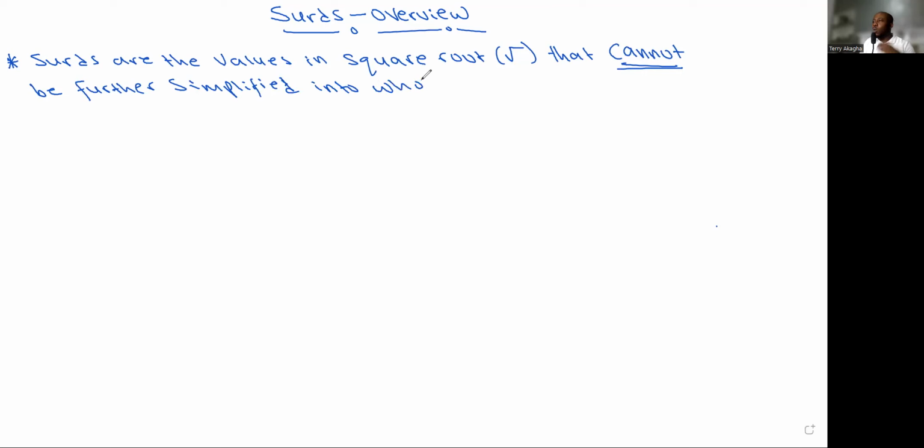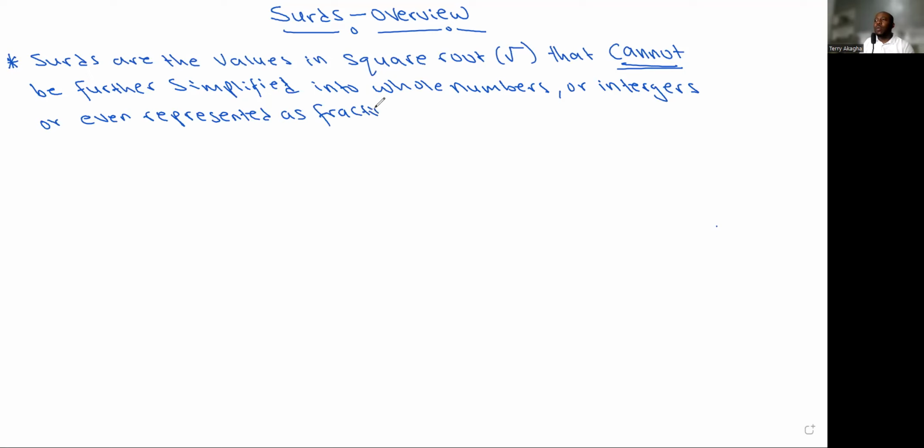When we talk about whole numbers, we're talking about things like 3, 4, 5, 6, 7, 20. These are whole numbers, or integers in some cases. So you can't further break them down into integers or even represent them as fractions.